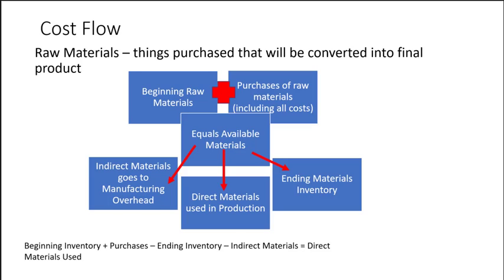Some of those are indirect materials because often they are stored together. So we peel that off, and that goes to manufacturing overhead. So our indirect materials go to the overhead, literally an account to keep track of the indirect materials in overhead. Direct materials are going to go in and start to be used in goods in process, right?